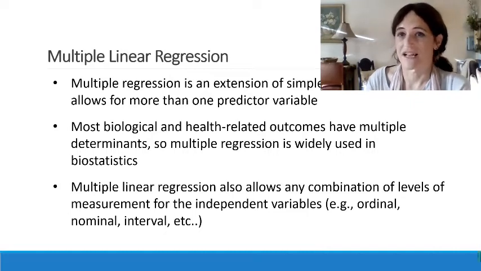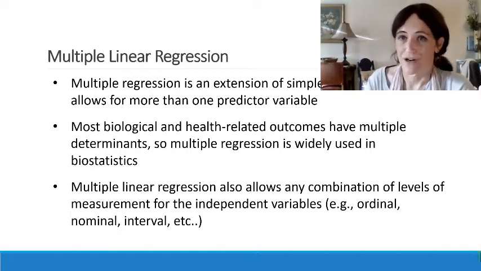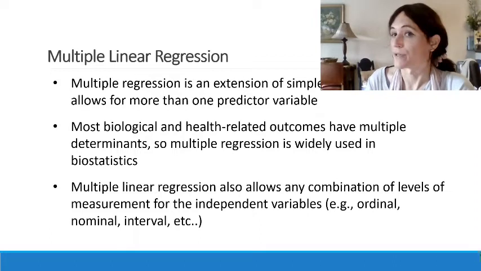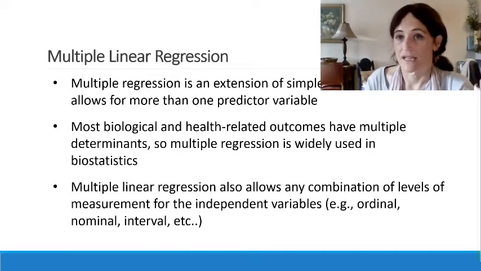In our understanding of health-related phenomena and causality, often there are multiple factors involved. So especially in the health sciences, especially in medicine, we are going to want to have a model that allows for multiple inputs, multiple variables. So we use multiple regression techniques all the time in the health sciences.